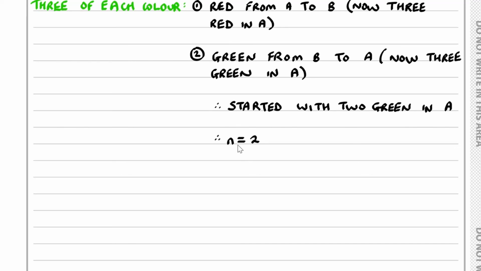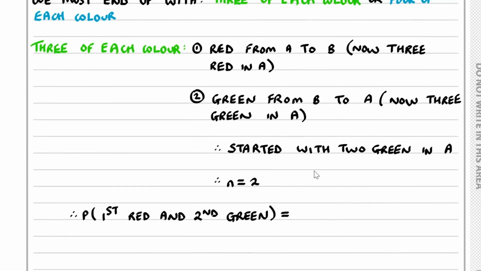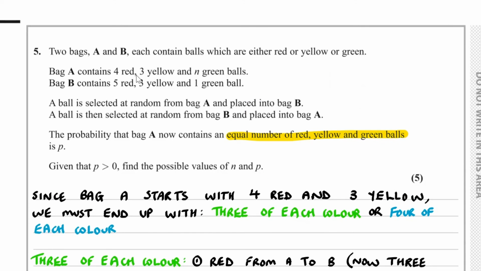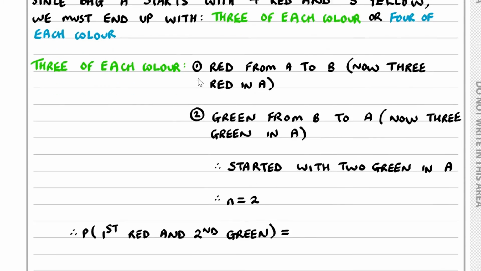So now let's find out the p-value. So the probability that the first is red and the second is green, well, how many do we have? We've got 4 plus 3, which is 7, plus the original 2, so that's 9.